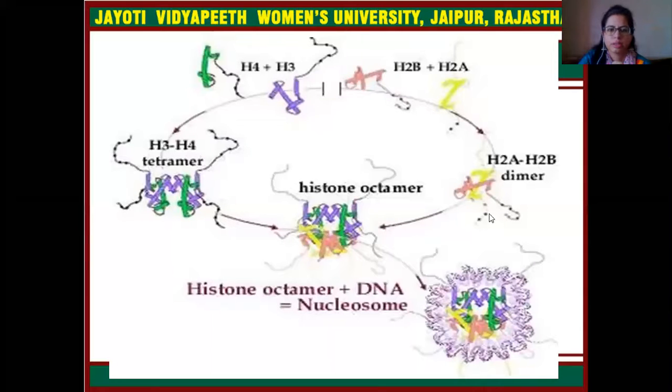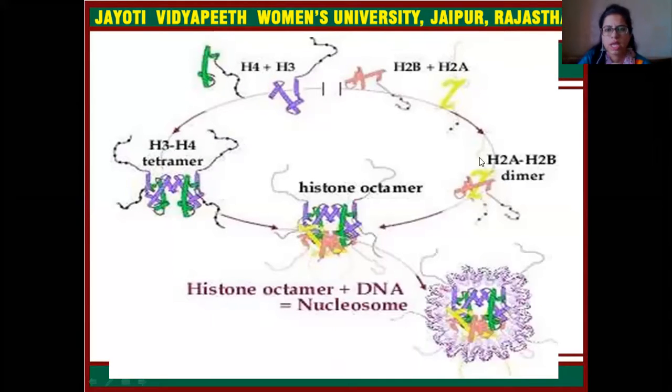We can understand this more by looking at the process. Here you can see the H4 and H3 molecules, and the H2A and H2B molecules, and basically the H3-H4 complex. So there are two complexes: the H3-H4 tetramer, meaning two molecules of H3 and two molecules of H4.